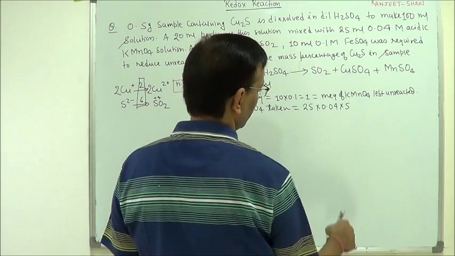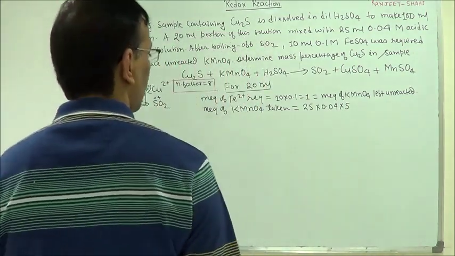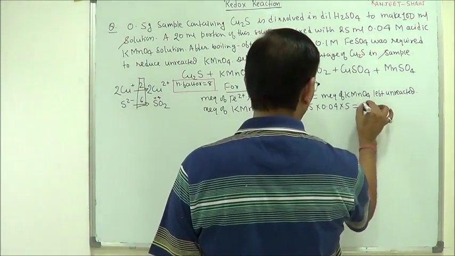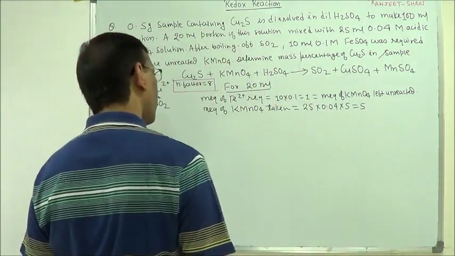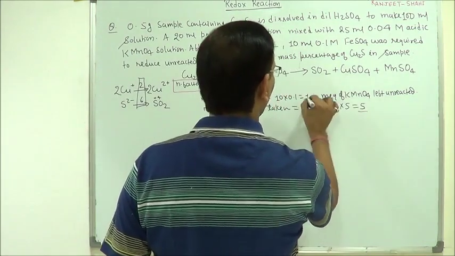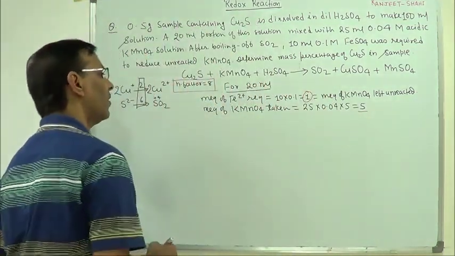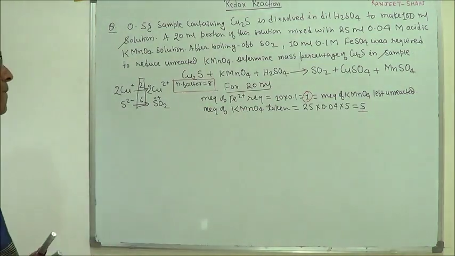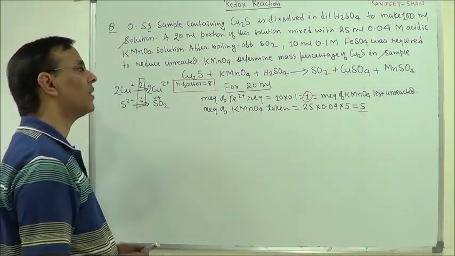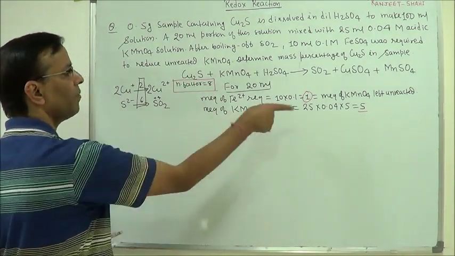So 0.04 into 5 is 0.2, and 0.2 into 25 is 5. So 5 milliequivalent of potassium permanganate was taken, out of which 1 was left unreacted. So how many milliequivalent of potassium permanganate reacted with cuprous sulfide here? 5 minus 1, 4.